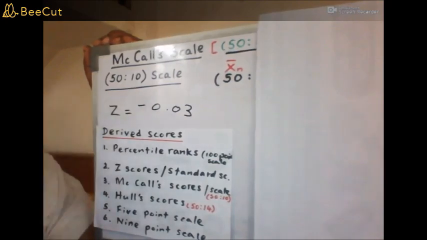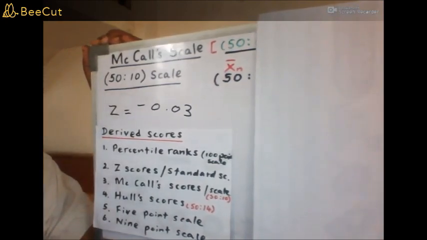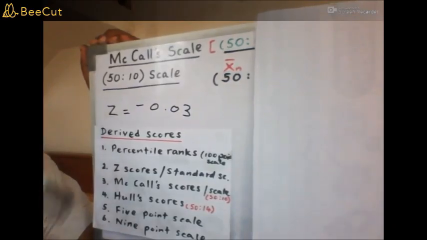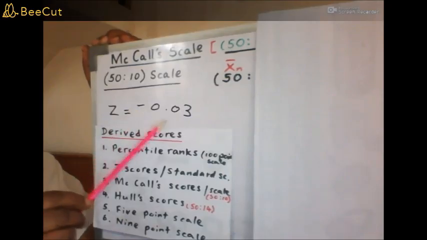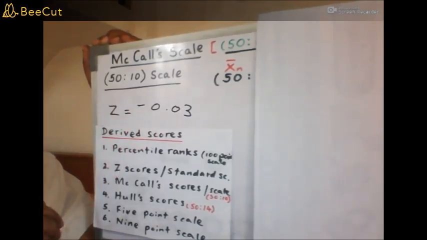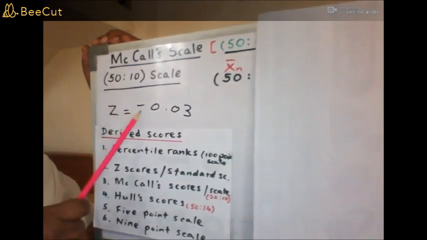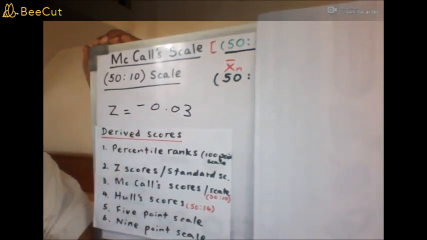And 0.03 means it's between 0 and 1, closer to the average. So in the Z score, we can find minus values, plus and minus values, and also decimals. For a lay person, a normal general person, it's difficult to interpret. They don't understand what is meant by these minus values and decimals.